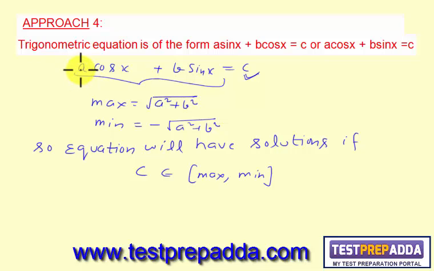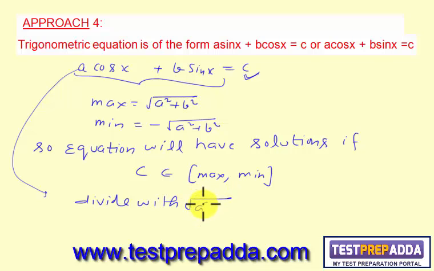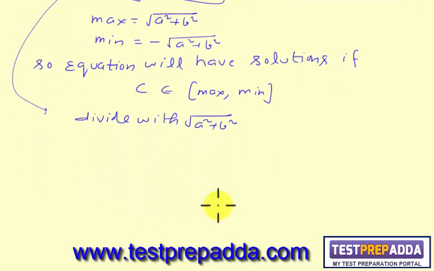Now how to deal with these types of equations? Here you divide with root a square plus b square. Let me write this as minimum to maximum.